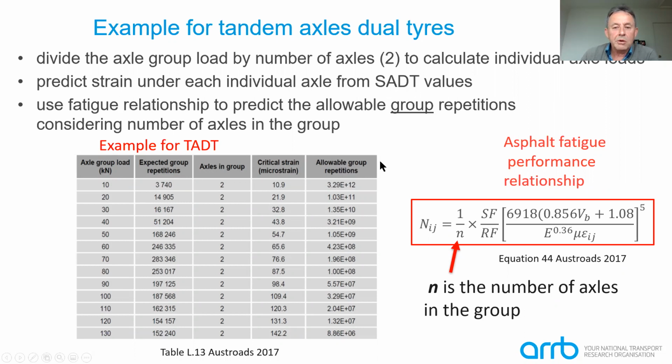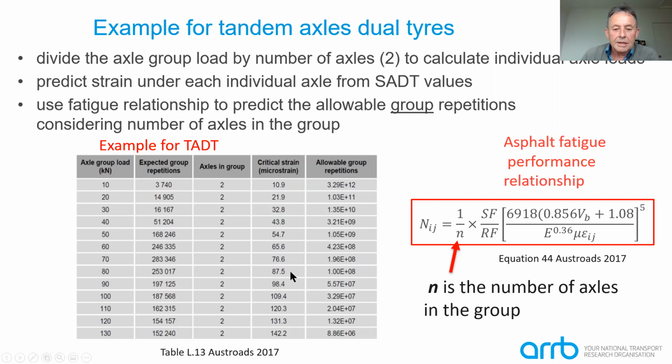We've already calculated what the values are under single axles with dual tyres earlier. So for example, when there's an 80 kilonewton load on a tandem axle, that comprises two single axles with dual tyres at 40 kilonewtons. So this strain here is the strain under a 40 kilonewton single axle with dual tyres, but there are two repetitions of it.